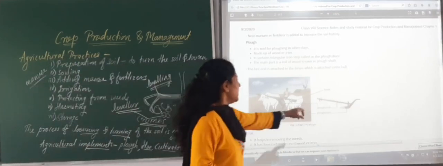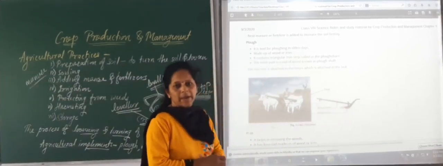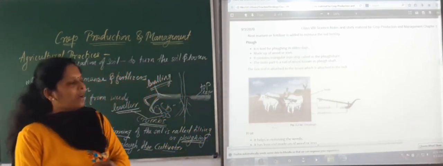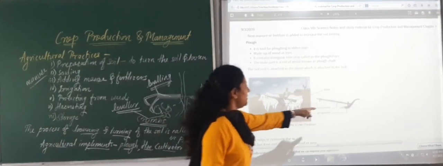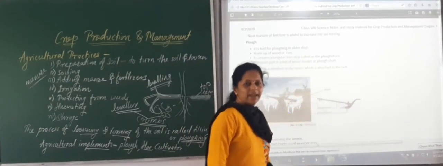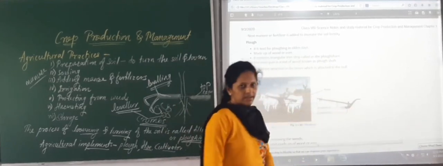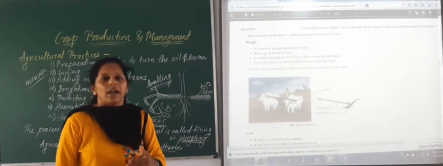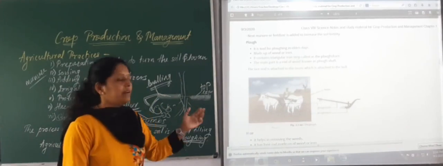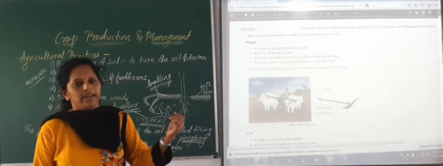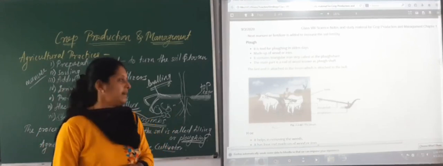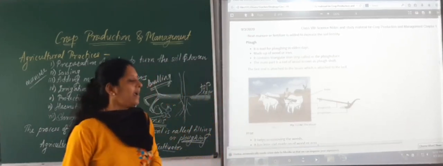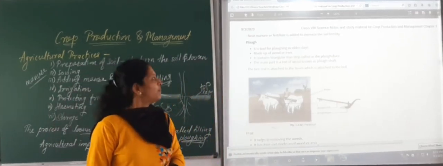If you observe here, the plow is made of wood, and it contains a triangular iron strip called a plowshare. It is in your textbook also. After the video, you should observe and read the lesson so you understand it.